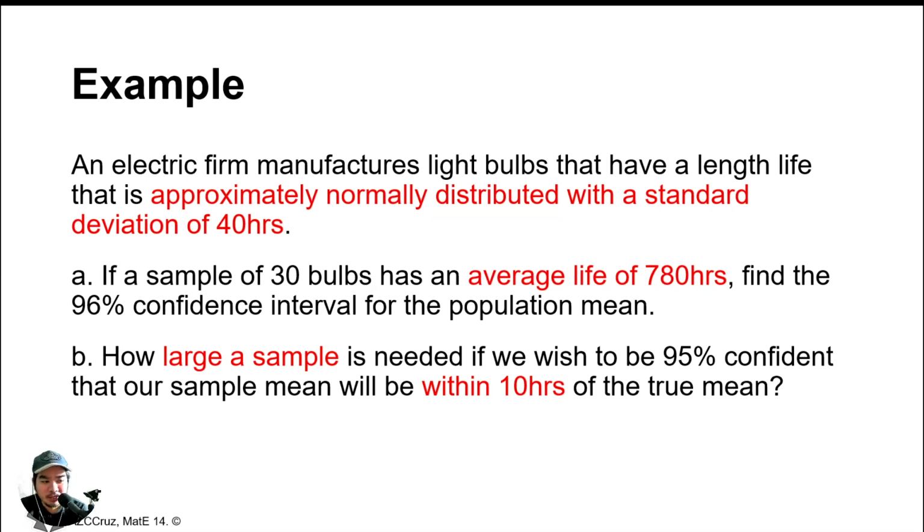Case 1, Aliyah. Okay. Case 1, that's actually correct, no? So why is it case 1? So it's case 1 because we are given a population standard deviation, no? So ang sabi kasi dito is known yung known sila na approximately normally distributed, and the known standard deviation is 40 hours.